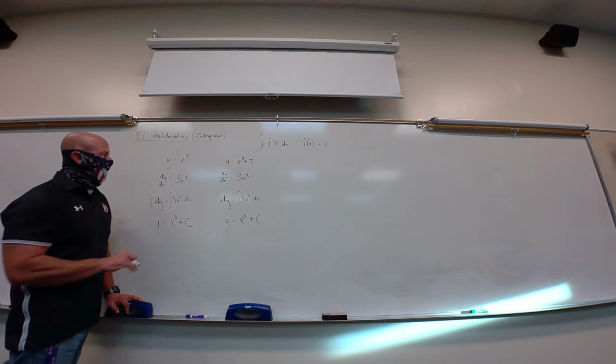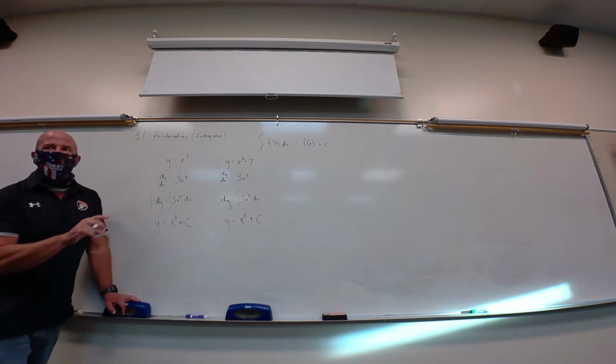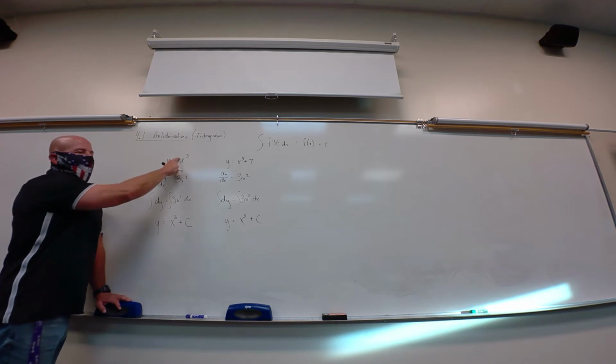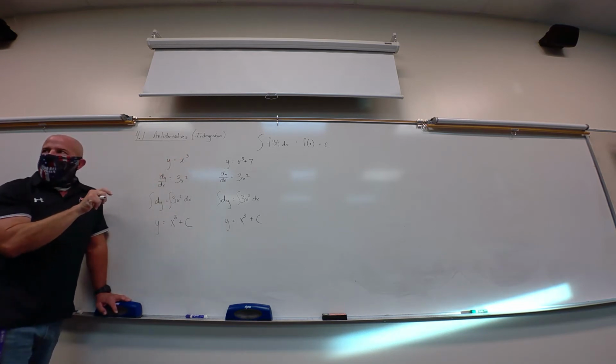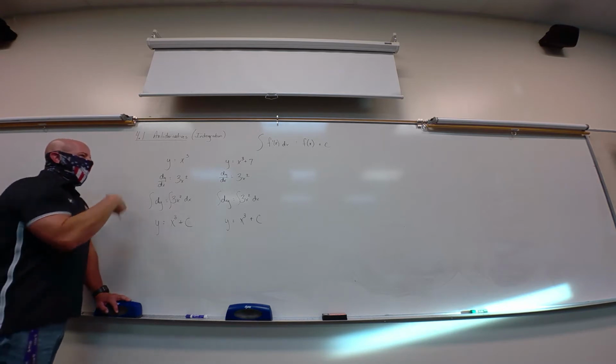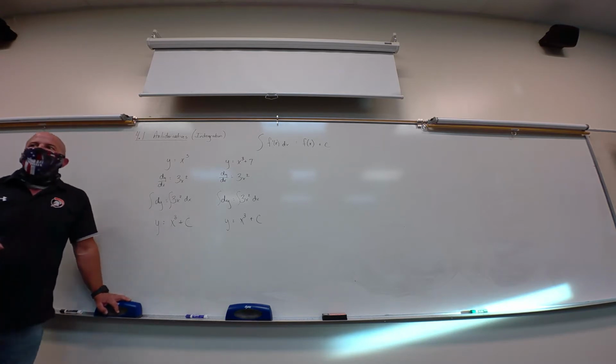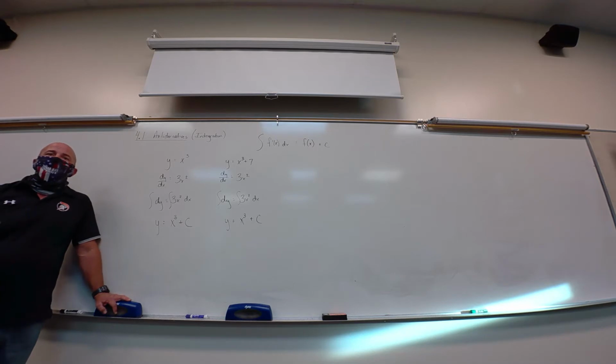All right, so now let's kind of look at what happened here. Here was your power rule. 3 came down, power minus 1. You okay with that? So multiply, power minus 1. If you go in reverse, it would be power plus 1, divide. Opposite operation.